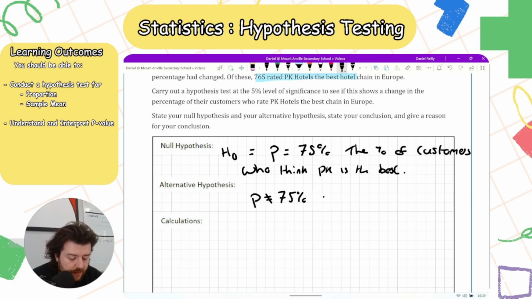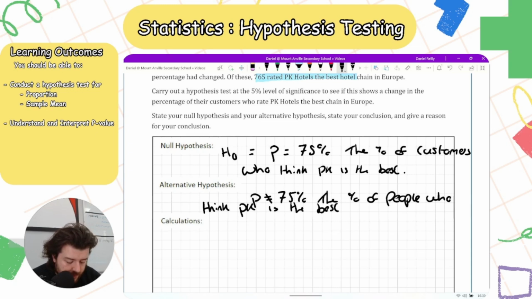So it would be the percent of people who think PK is the best is not 75%. Sorry, my handwriting's a bit shocking there.